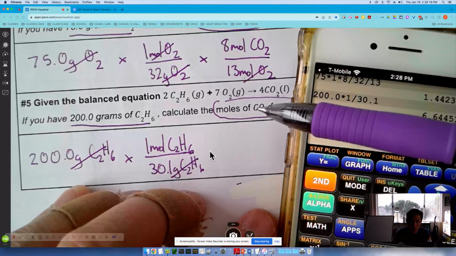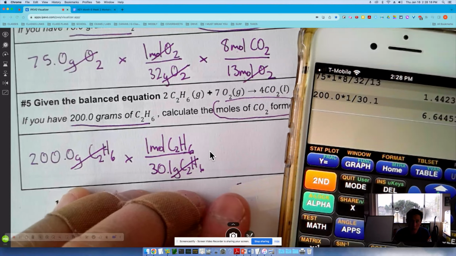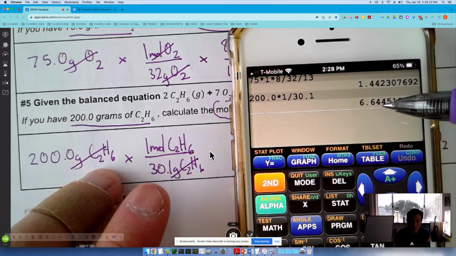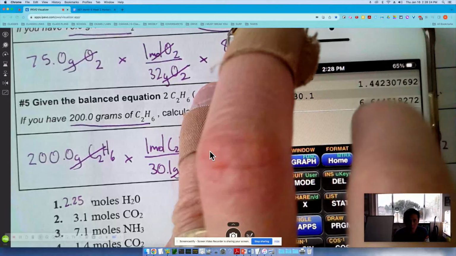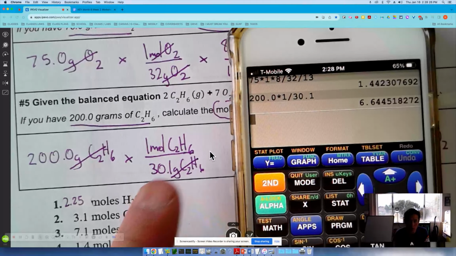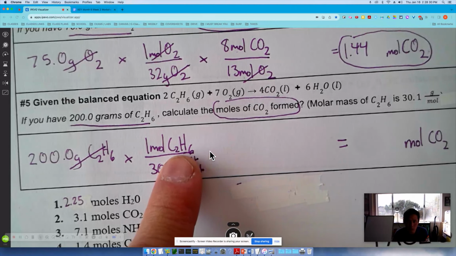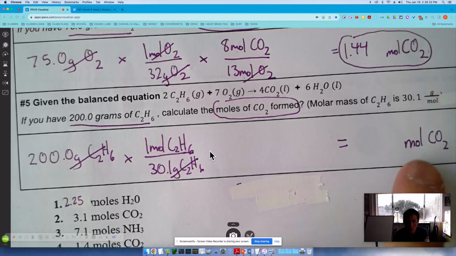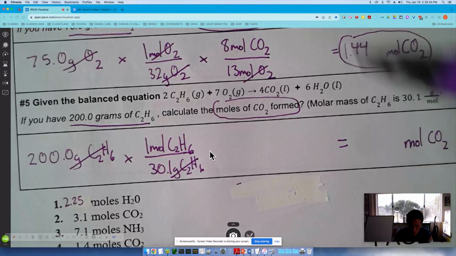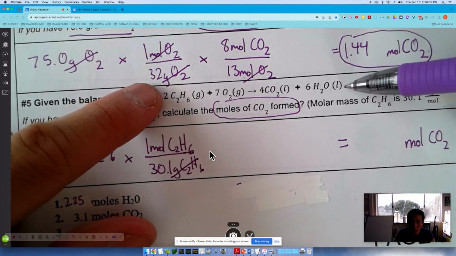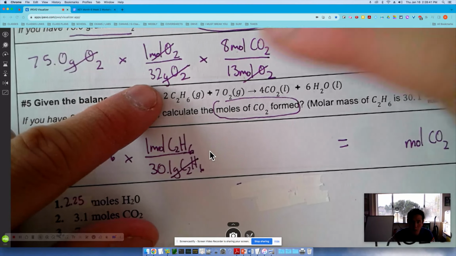I'm looking to see how many moles of CO2 I could make from the moles of C2H6 I have. So this isn't enough if I stopped right here. I need to keep converting so I can go from moles of C2H6 into how many moles of CO2 I can make. So what I'm going to do now, like I said in the beginning, is resort back to this chemical reaction, that ratio.